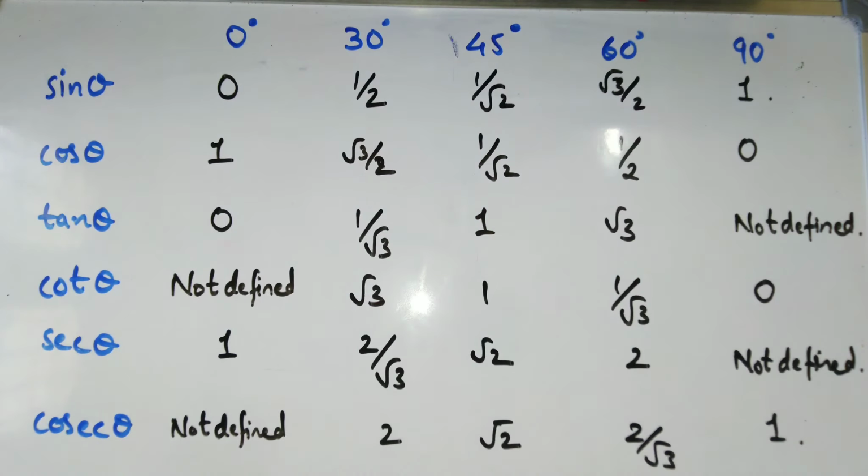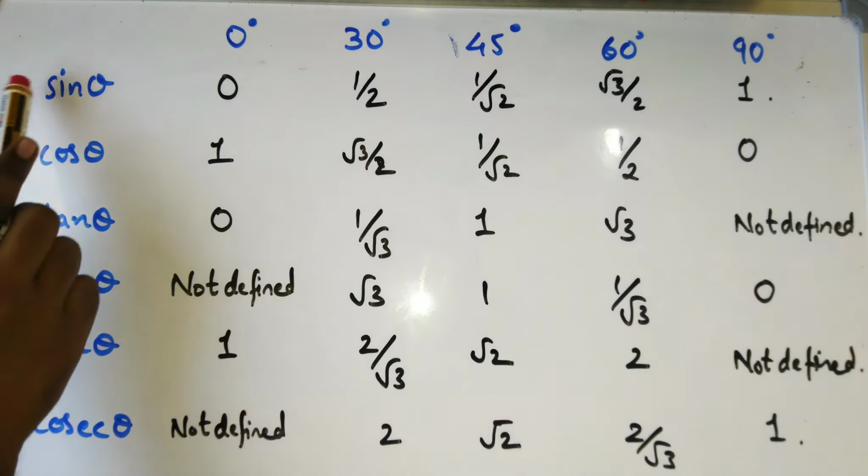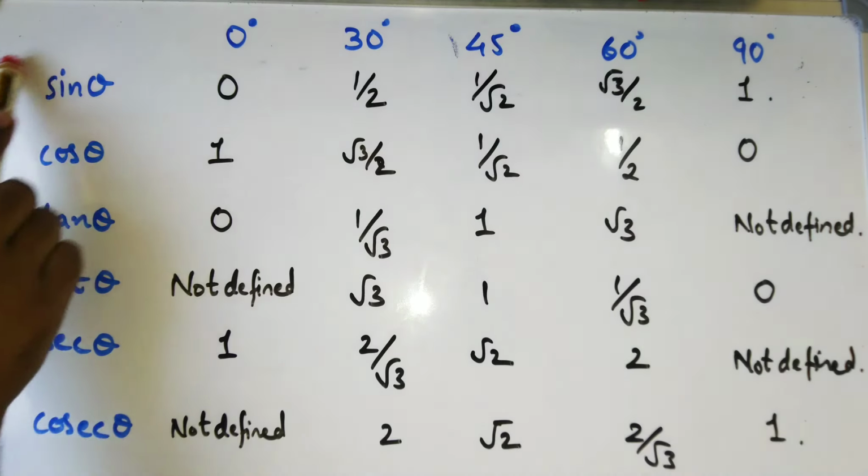So here you can see the table. I'll tell you how to write this table without any by-hearting, because with some simple logic we can write this whole table. The only thing is that you need to understand only these three things.